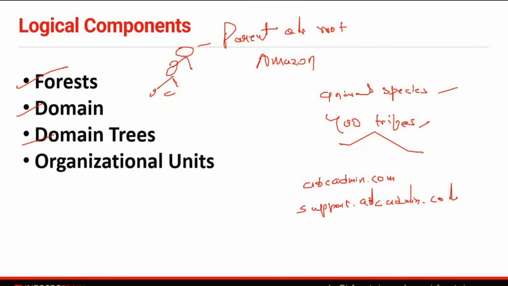So an Active Directory forest can contain non-contiguous domain names. The very first domain that you will be creating will become the forest root domain.